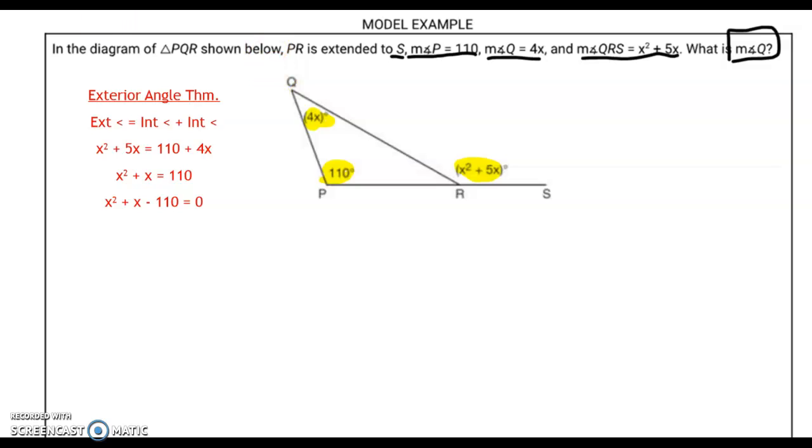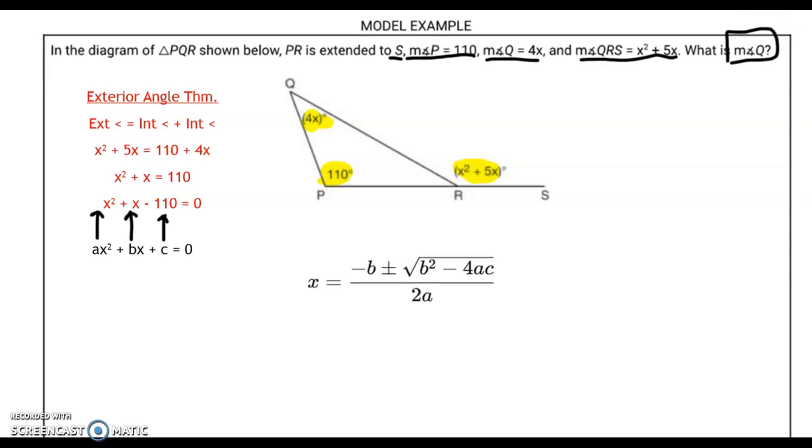Now let's identify the 3 values that we need in order to put in the quadratic formula. Remember, here's what the quadratic formula looks like. Remember, its job is to find the value of x by substituting a, b, and c into the formula. If you're not sure where a, b, and c come from, keep in mind they're going to come from the quadratic equation itself. If you'll recall, the quadratic equation is in the form ax squared plus bx plus c.